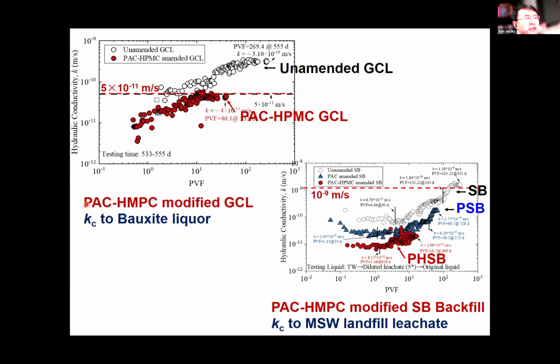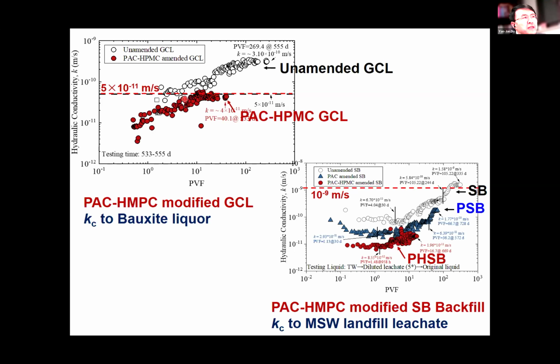Recently we used the composite polymer amended GCL. We permeate that GCL with the bauxite liquor. What do we find in the composite polymer amended GCL? They have lower Kc values.